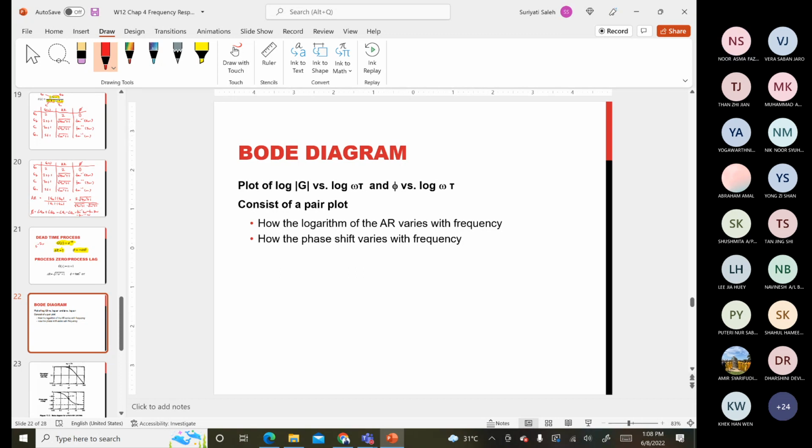And here, what we are going to do once we obtain the amplitude ratio and the phase angle is use them for what we call the Bode diagram. In the Bode diagram, we employ both amplitude ratio and the angle to tabulate how the response looks like.